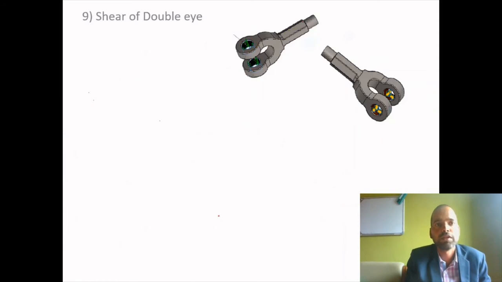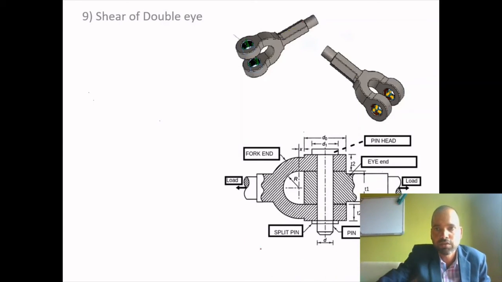Then the next type of failure is shear of the double eye. Now what is meant by shear of the double eye? In case of shear failure, after the crushing, the pin will try to come out of this portion. This means there will be a shear failure from this portion. The component will come out like this, right?